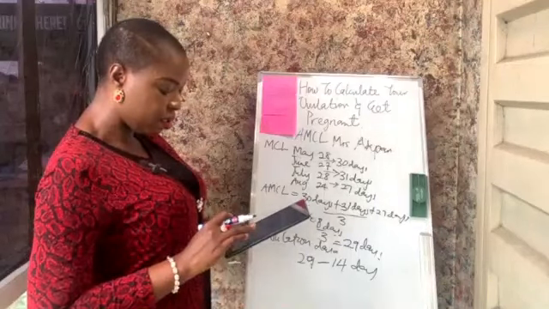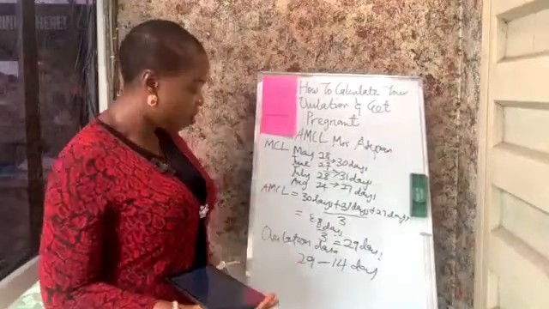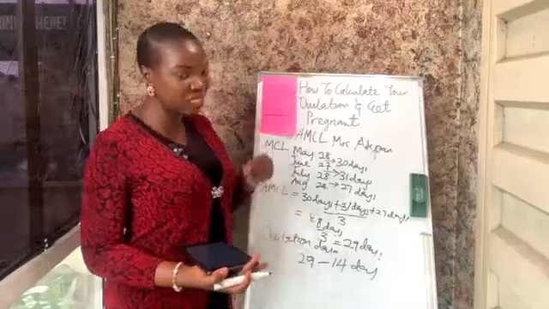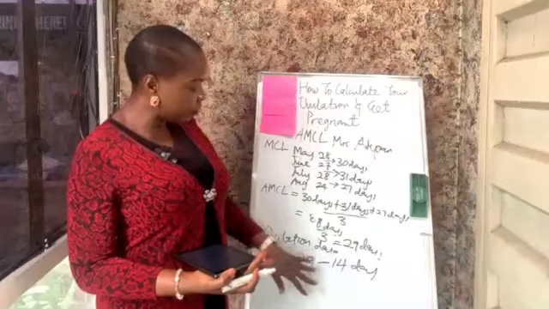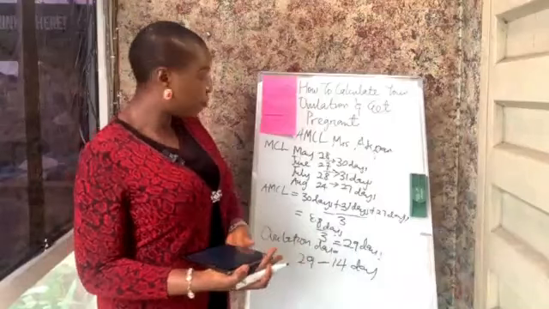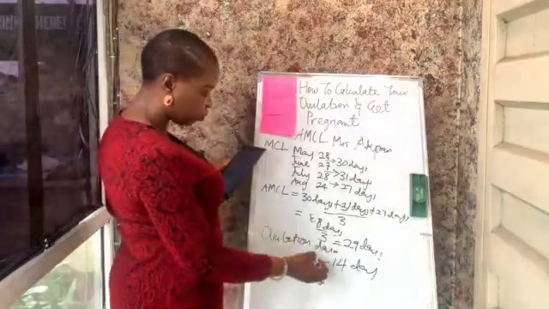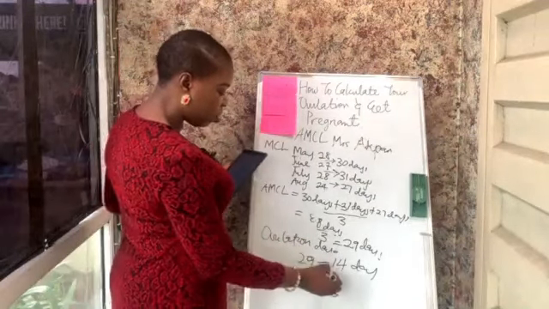29 minus 14. When you calculate this, it's also very good for you to recheck what you've calculated. In case there is a mistake, you can easily just look at it and correct it. So it's 29 minus 14 days, which is the ovulation day for the next period. 29 minus 14 days gives us 15 days.